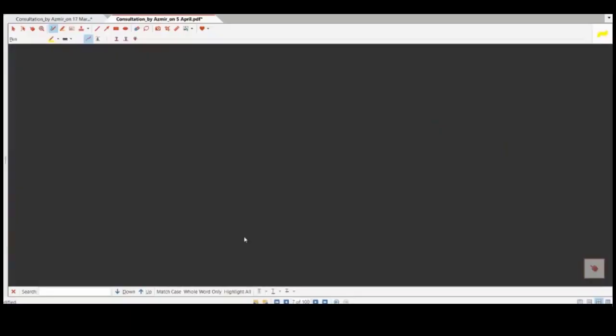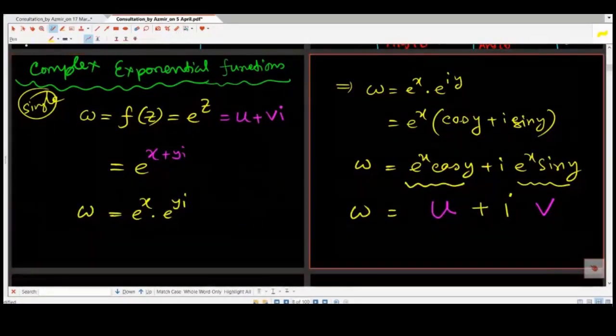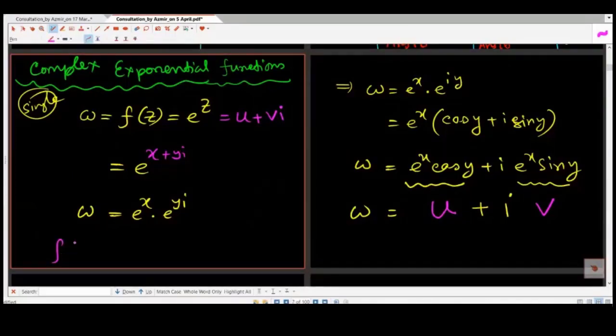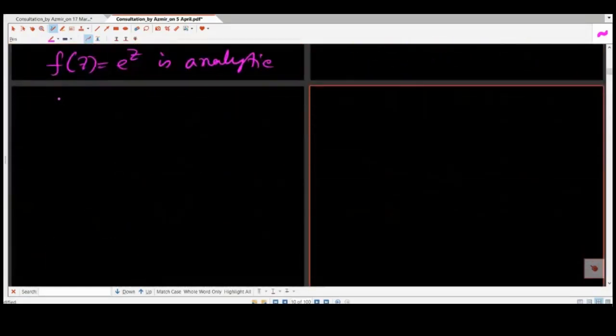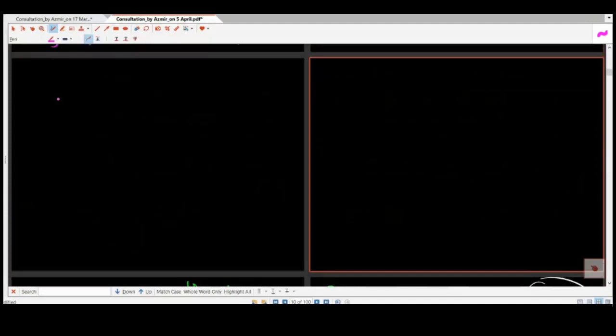So we can say the complex exponential function f of z equals e to the z is analytic and single valued. If a function is analytic, that function will be differentiable.